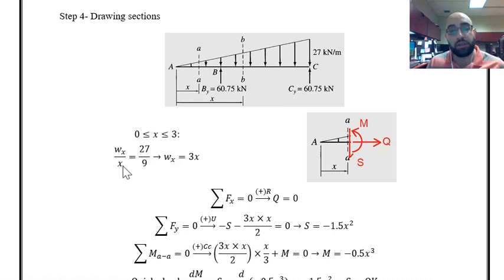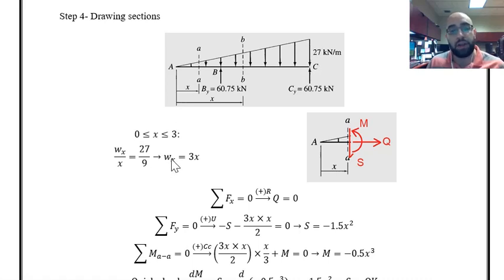Based on the idea of similar triangles, I know if, for example, it is 27 at the end and 9 is the length, at some point over here where the length is x, the intensity can be found based on these ratios. The intensity divided by x is equal to this intensity at the end, or 27 divided by 9.